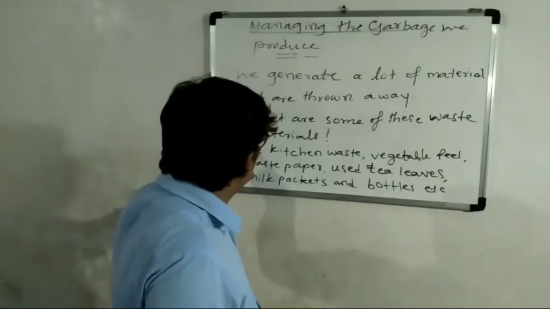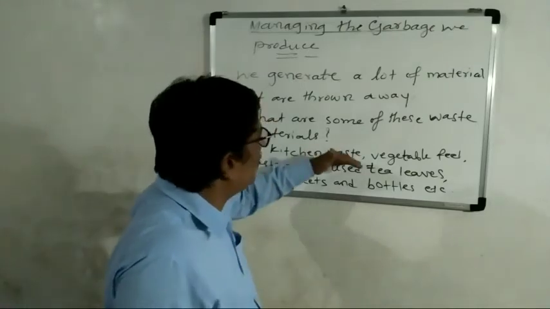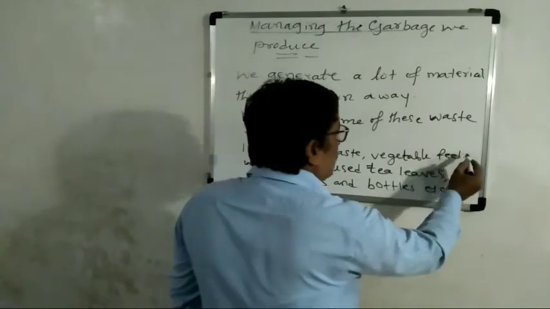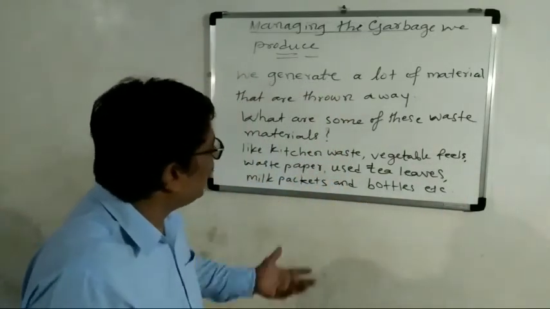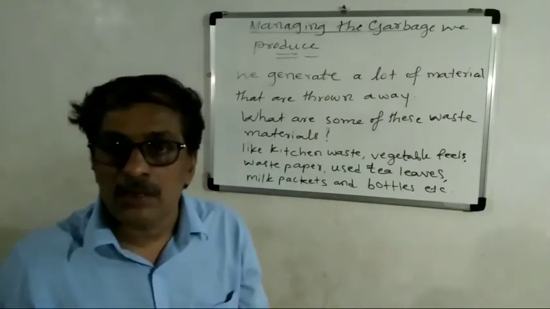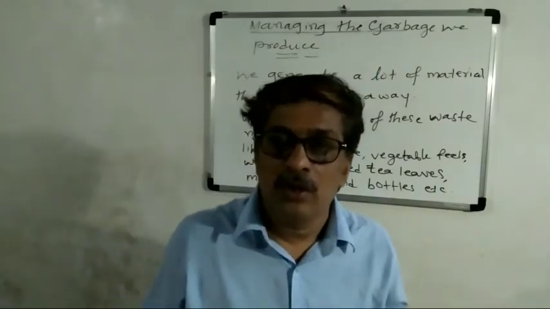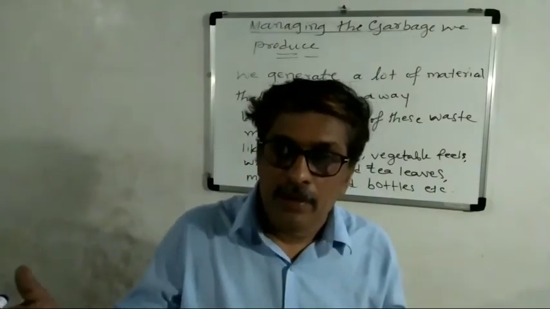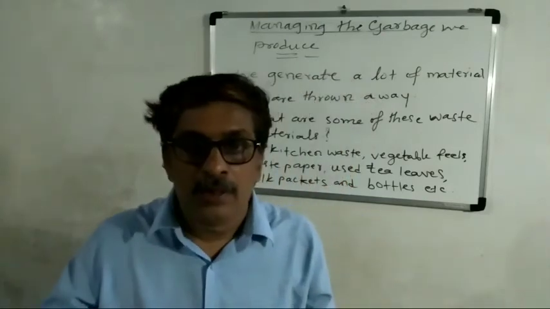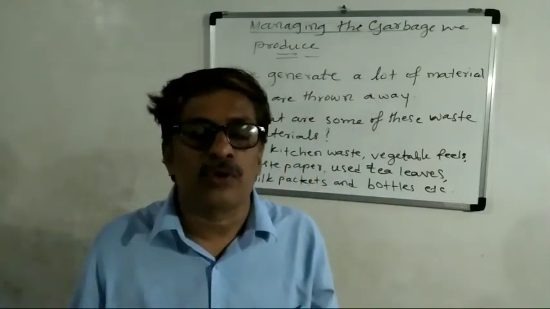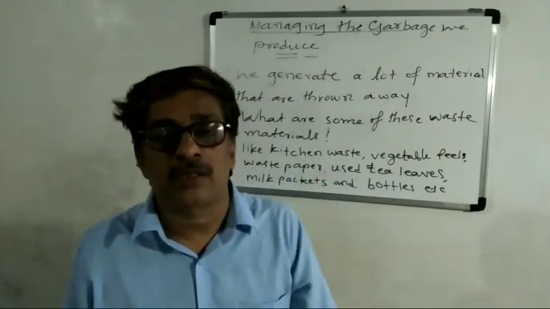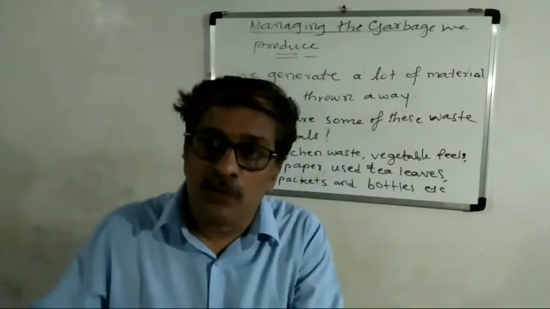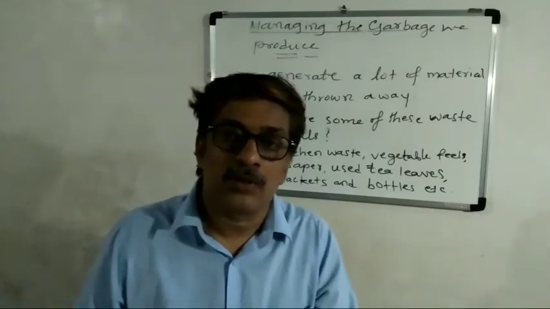See, waste materials include kitchen waste, vegetable peels, waste paper, used tea leaves, milk packets, bottles, old cloths, and old slippers. So if you throw glass bottles, what may happen?